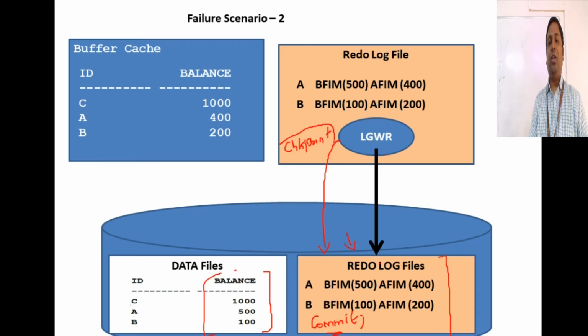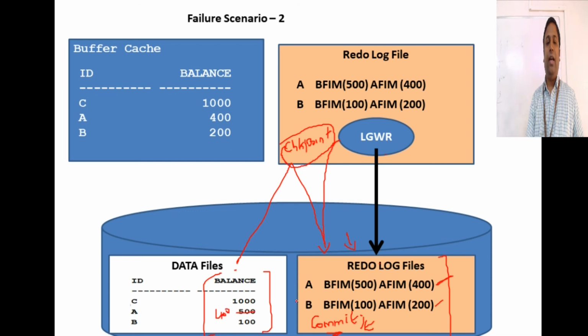When you start up your instance again, it'll go and check whether your redo log files and data files are in sync. When you take a look at this, the redo log file says these changes should be applied on the data files. So it will go and redo things, because this transaction has committed and it has ended successfully. So it will go and change A to 400 and then it will change B to 200.